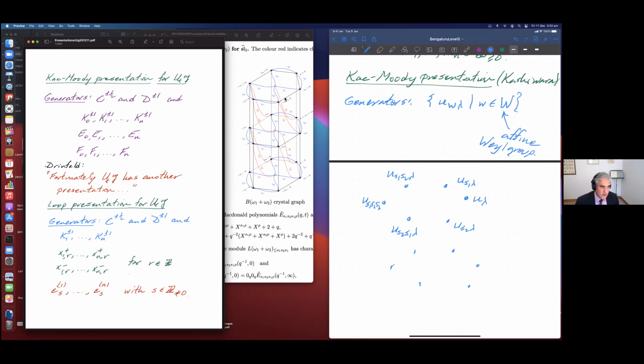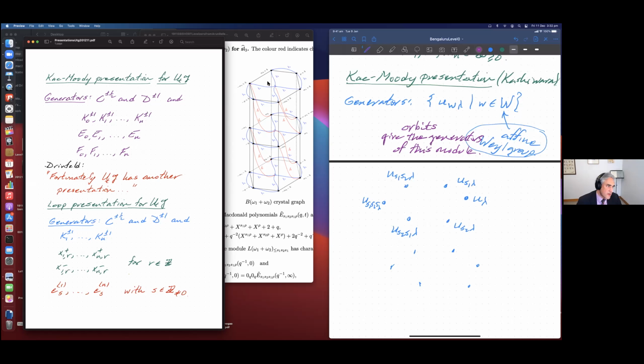In fact, if we look at this picture of this tube-like thing, all of these black dots are generators. And in order to know what these black dots are, you really must understand the orbits of this affine Weyl group. The orbits are in bijection with the generators of this module.